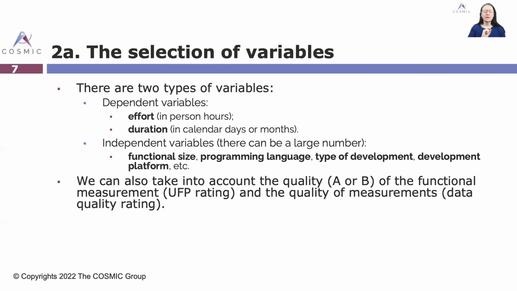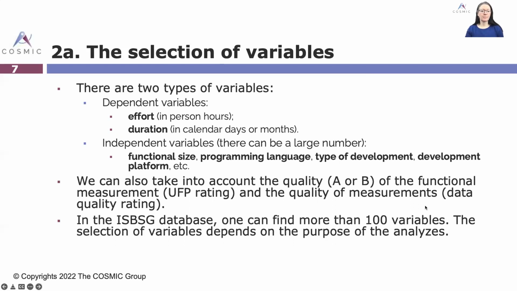In the ISBSG database, there's quality A, B, C, or D, A or B being the best quality. And we have this level of quality for what ISBSG calls the unadjusted function point rating, and also the data quality rating, which is the quality of measurement and quality of effort, typically.